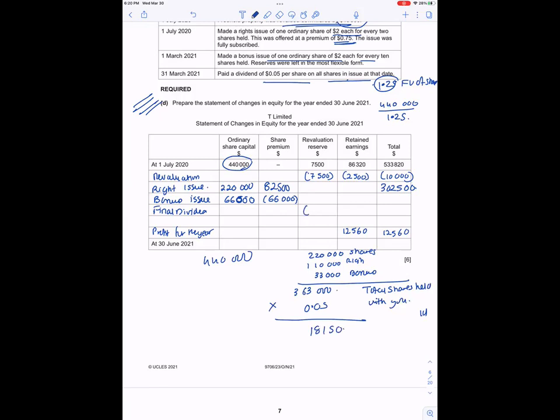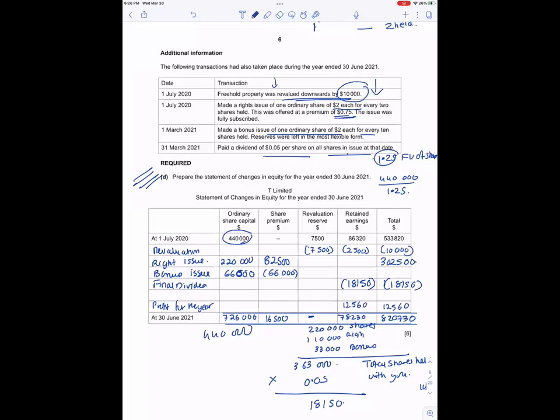Dividend is given out of retained earnings. Do the total. And then you'll do.